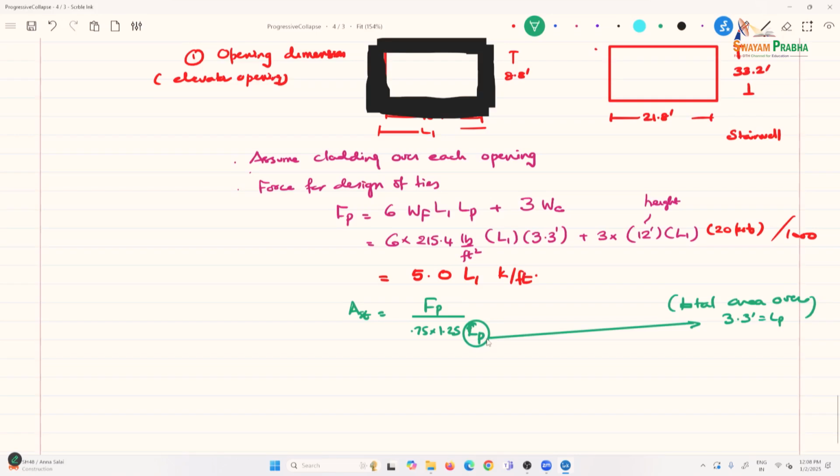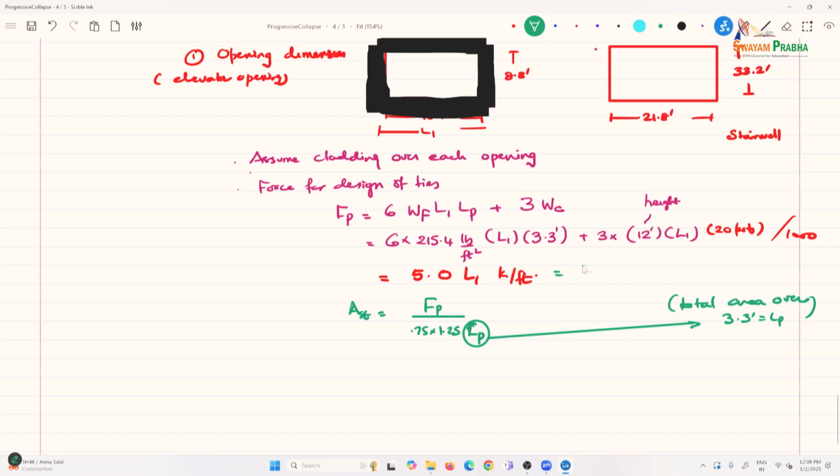These are all in feet, pounds per square foot. L1 is in feet and Lp is in feet, so this is per square foot. You have to divide this by square inches.